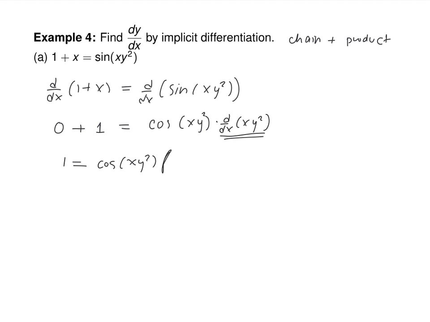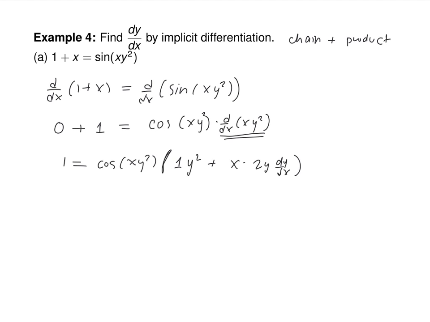Okay, so x's derivative will be 1 y squared plus then x times, great. It's not that bad, right? Just the whole add dy dx thing, that's tricky. Now, that dy dx is stuck inside of our parentheses.